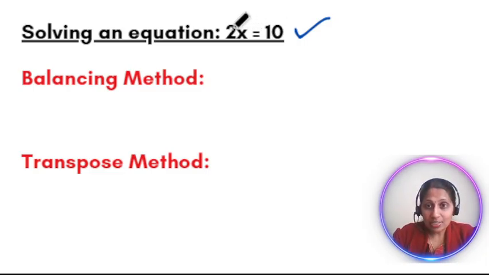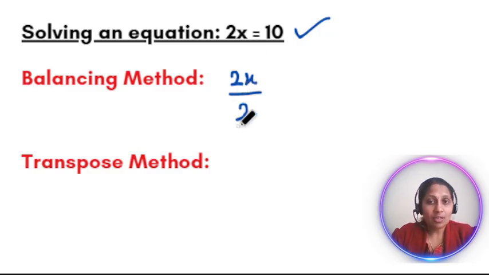Now the equation is the same. Now what are you going to do? We are going to remove this 2 because we need x alone, which means you need to remove this 2. So what can we do to remove that 2? Obviously division. So 2x by 2. If I divide by 2, then the 2 will get removed from x. But I can't do it on the left hand side alone because it will change my equation.